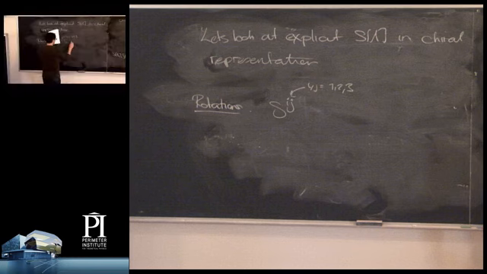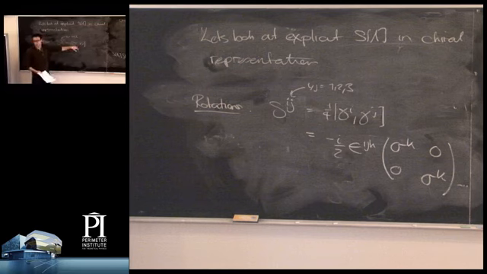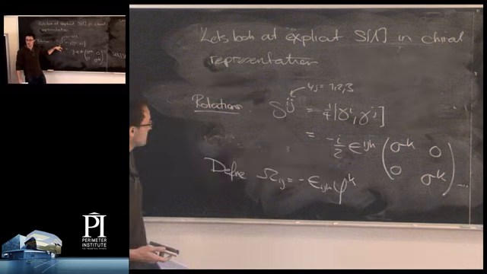And this is equal to a quarter gamma_i gamma_j. And if you plug in the chiral representation for gamma_i and gamma_j, which has Pauli matrices in there, what you get is the following. Okay, so this is what the generators of rotations are in the spinor representation.